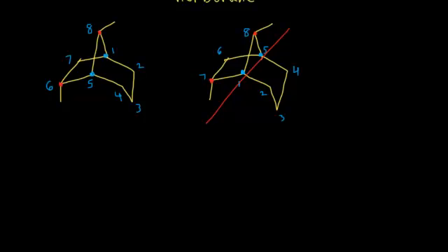So let's start naming it. We already know this is a bicyclo compound, and we have 2 methyl groups, one at 6 and one at 8. So we can start naming it by saying 6,8-dimethyl, and then bicyclo. In the brackets, we do the longest path first, excluding the bridgehead carbon. The longest path is on the right. How many carbons are there in the longest path?